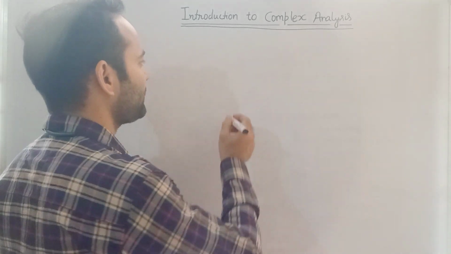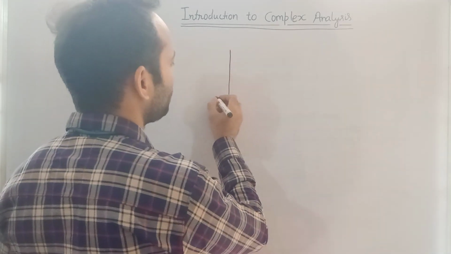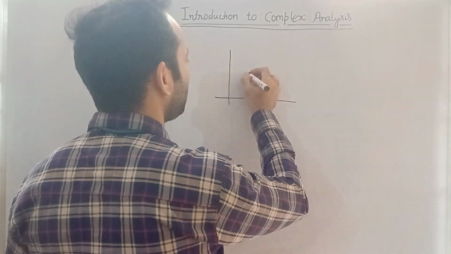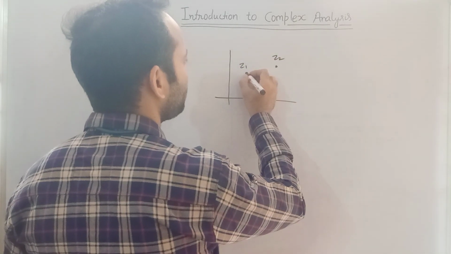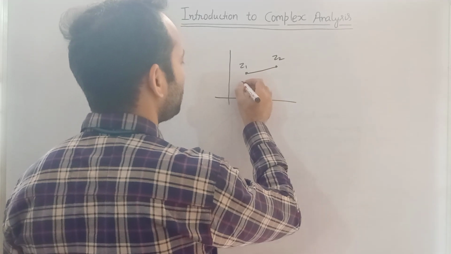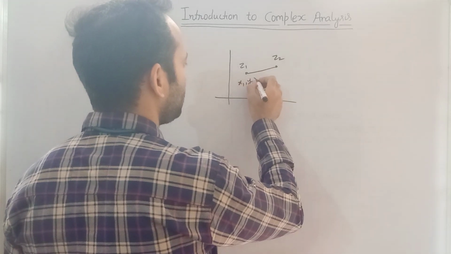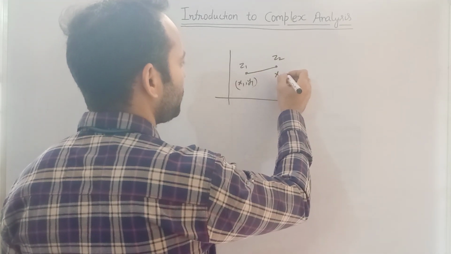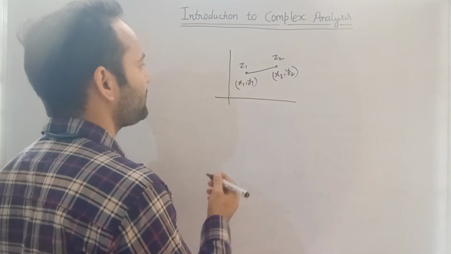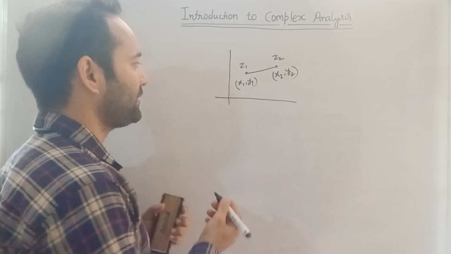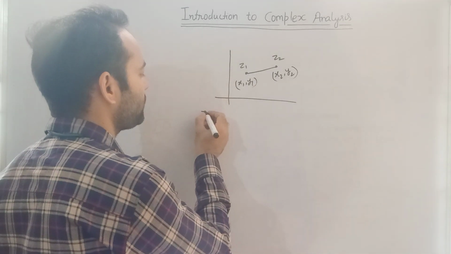So next important thing is how you understand the distance between two complex numbers. Let's say z1 is here and z2 is here, right? z1 and z2 can be represented as x1 comma y1 and x2 comma y2. This is a complex plane. So as I was saying, in complex analysis, what would be the distance between z2 and z1?